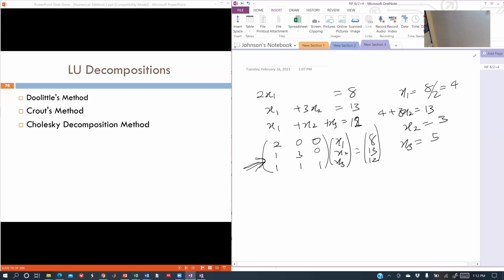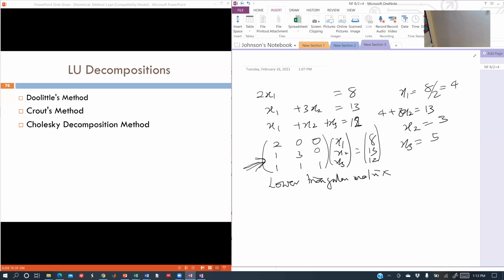This is a typical lower triangular matrix. This matrix has a unique feature. It is just lower triangular. So it tells us that if our system is such that the coefficient matrix is a lower triangular matrix, then solving the system is very easy.